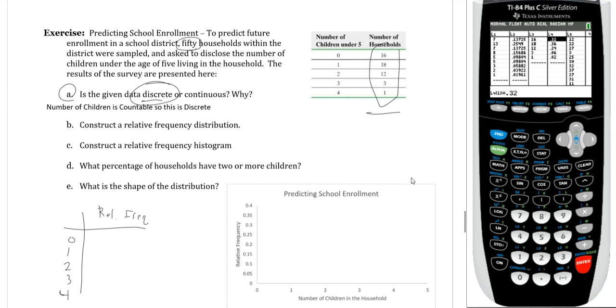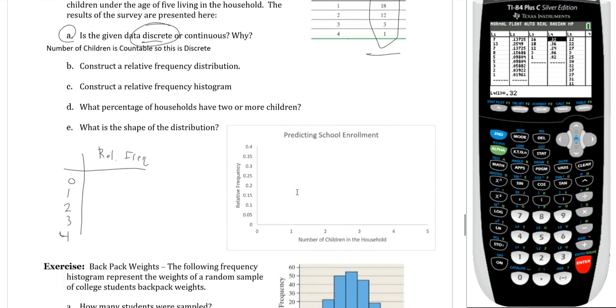I'm going to report my relative frequencies next to the histogram down here. So for 0, we have 0.32 for our relative frequency, then 0.36, 0.24, 0.06, and 0.02. So that means A and B are done.